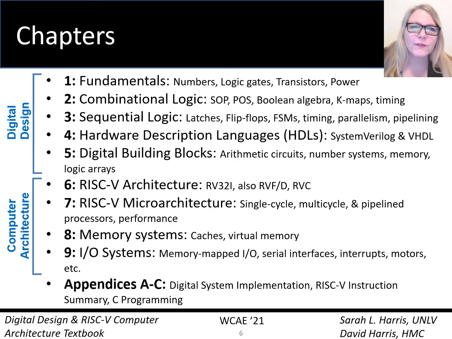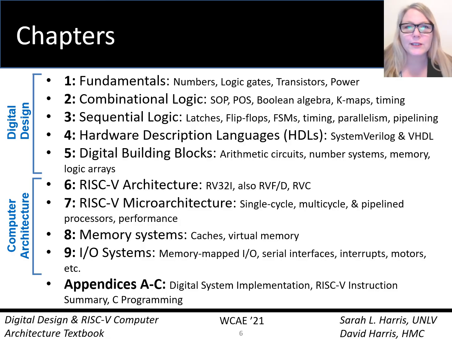And chapter 5, the final chapter of digital design, talks about common digital building blocks like adders, multipliers, dividers, memory systems, and logic arrays. And then in the second half of the book, we use those to build the processor. So really that second half of the book, the computer architecture side, builds on the first half of the book.